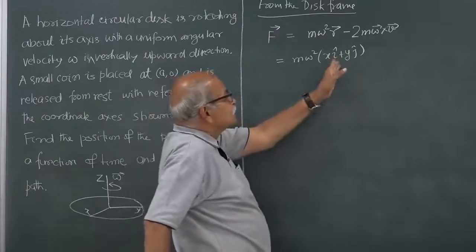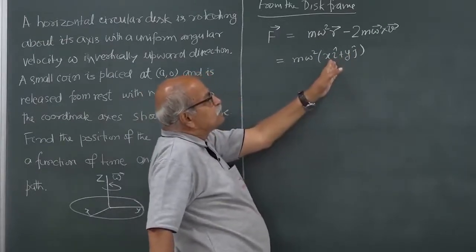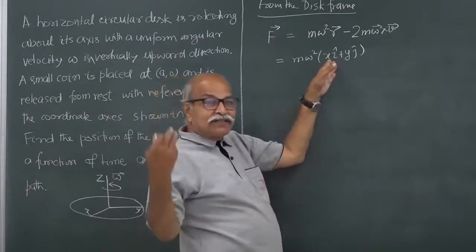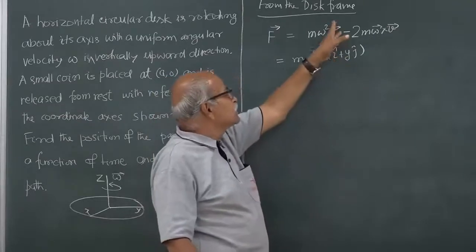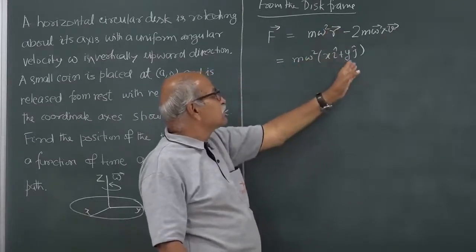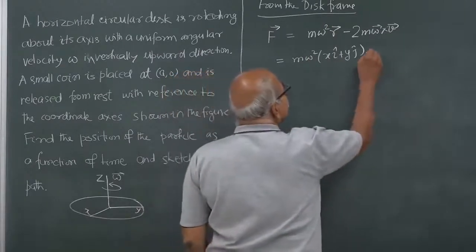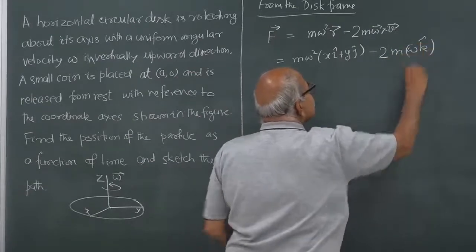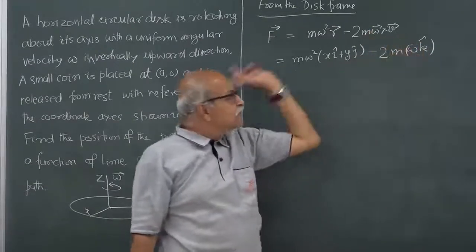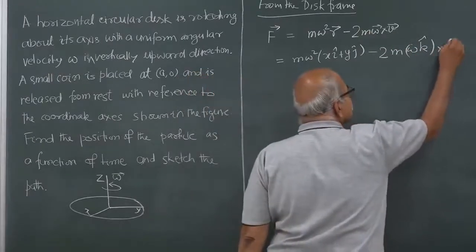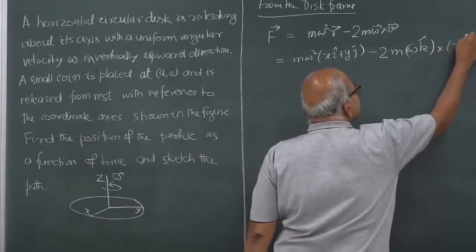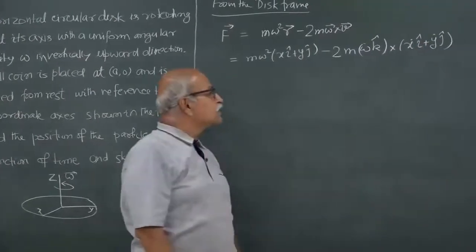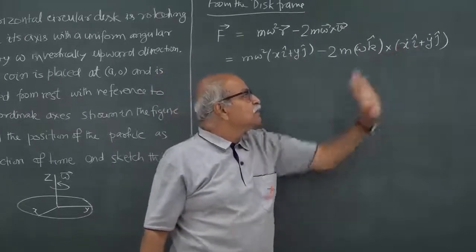If the position of the particle on the disc is x comma y with reference to the axes shown, then this position vector r is x i cap plus y j cap, and minus 2 m omega, where omega vector is omega k cap, cross velocity, and velocity will be x dot i cap plus y dot j cap, the x component and y component of velocity.